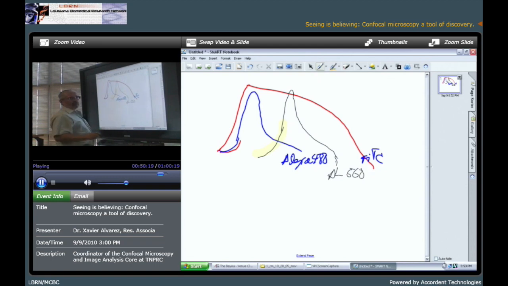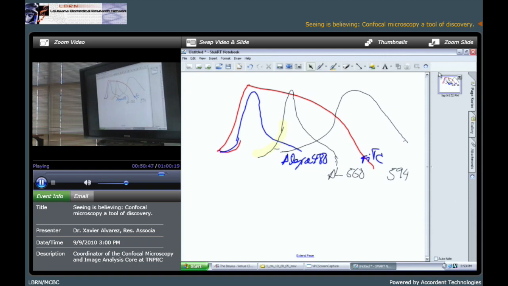With FITC, we will have to use something more towards the red, like Alexa 594 or Texas Red. Then you have the chance of doing more colors. Alexa quenches much slower than FITC.